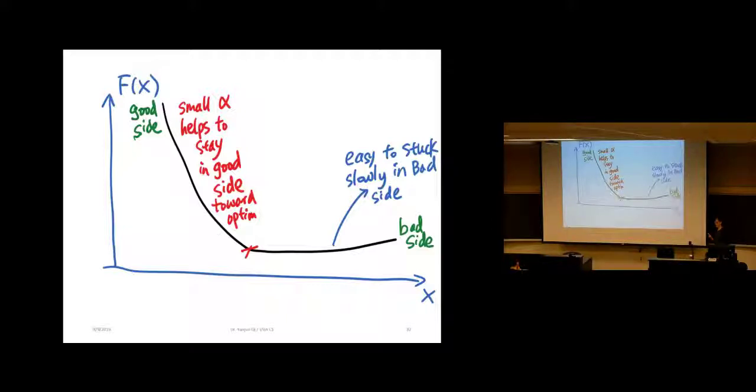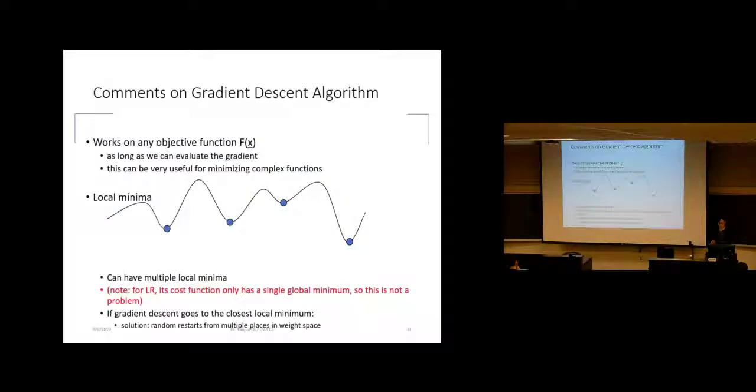Question about this? All right, so just to follow up on the question we just had, you might also have multiple minimal points. So far, the solution we can have is just multiple starting points.